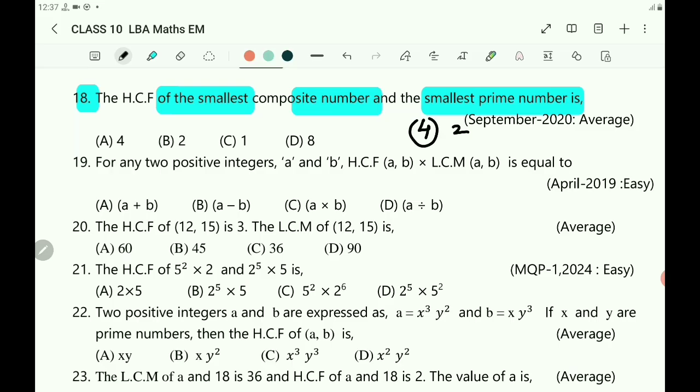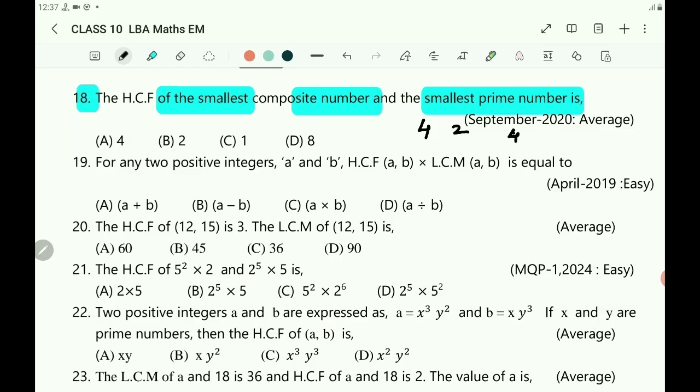So 4 is the smallest composite number and 2 is the smallest prime number. And for their HCF, you know that 4 and 2 are both in the table of 2, and the common factors are 1 and 2, and 2 is the greatest.